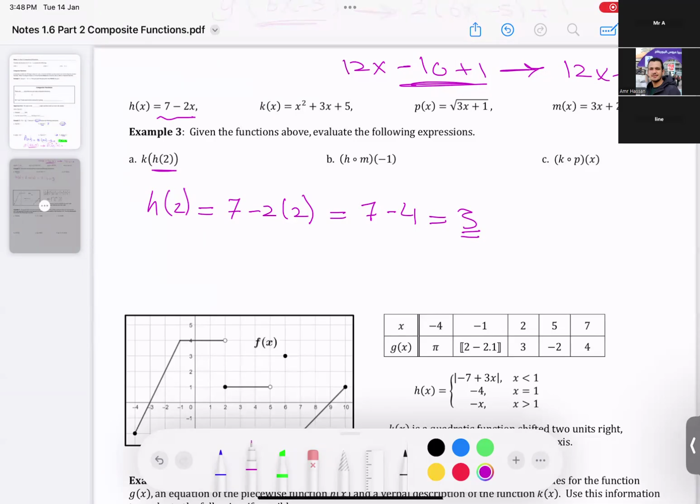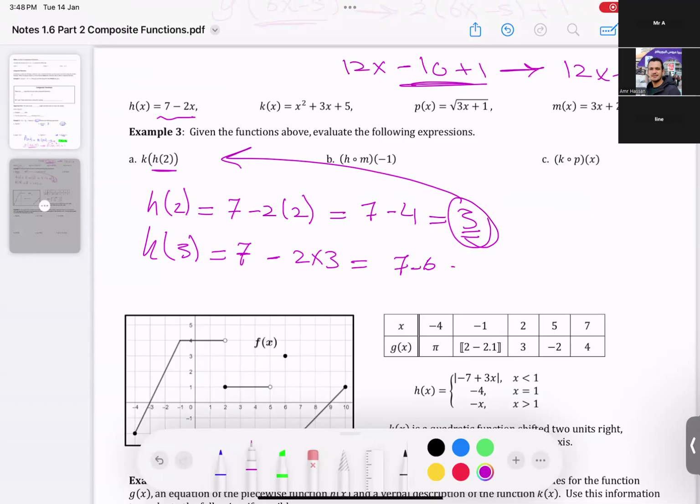Okay. So this one, it would be the new input. So it's going to be h of 3. So it's going to be 7 minus 2 multiplied by 3. So it's going to be 7 minus 6, which is going to be 1. Is that clear for you? Yep.